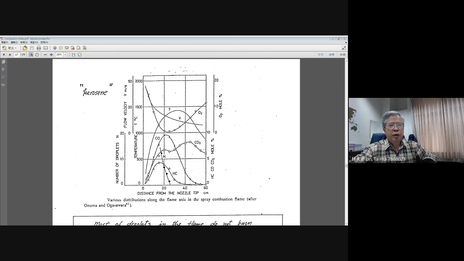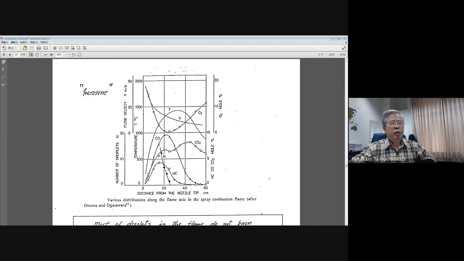Later on, the temperature will reduce because they go through to the downstream side and have some mixing with the cold gas environment. In this process from the upstream side to the downstream side, you can see the oxygen initially is higher, because at the center region you have some entrainment of air into your spray core.